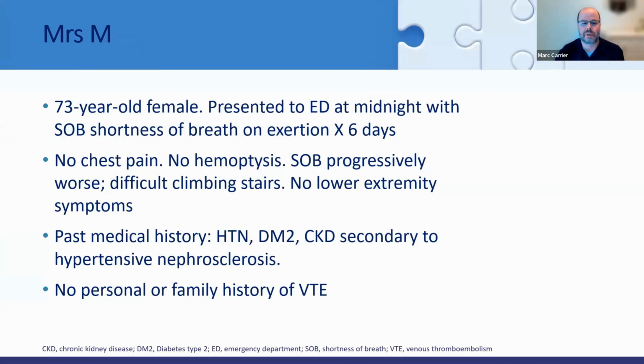So, a 73-year-old female presented to the emergency room at midnight with shortness of breath on exertion for 6 days. No chest pain, no hemoptysis, shortness of breath progressively worse, difficulty climbing stairs, no lower extremity symptoms. Patient is known to have hypertension, type 2 diabetes, chronic kidney disease similar to hypertensive nephrosclerosis, no personal history of VTE.